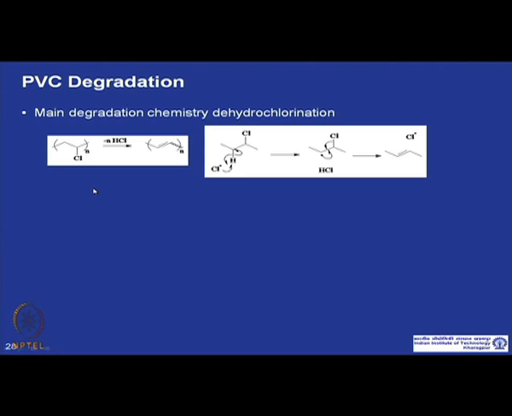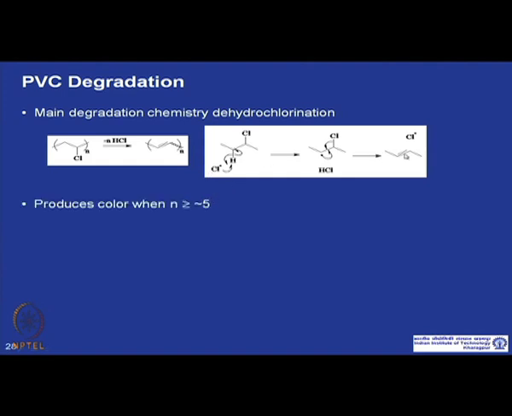So, the main degradation happens by dehydrochlorination as shown in these figures. The main degradation of polyvinyl chloride happens due to the dehydrochlorination at higher temperature, and that starts with a chlorine radical.